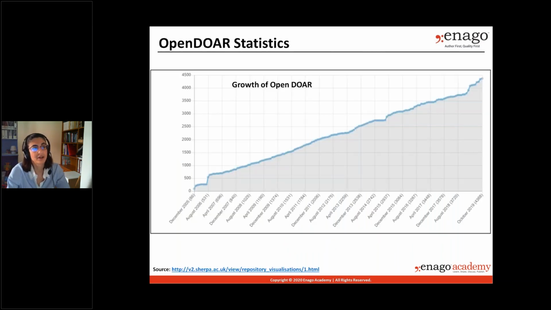The number of different repositories is recorded in the Open DOAR database. It's a database worth visiting. This is, if you want, a directory of all the different data repositories that are out there, and you can see how the number of the repositories listed in Open DOAR has been changing over the years and has been changing very fast.